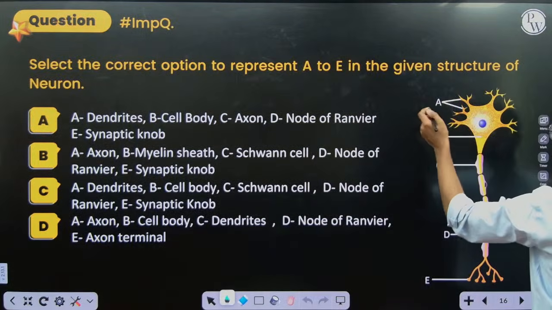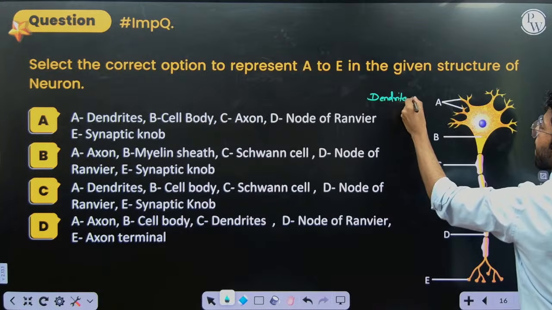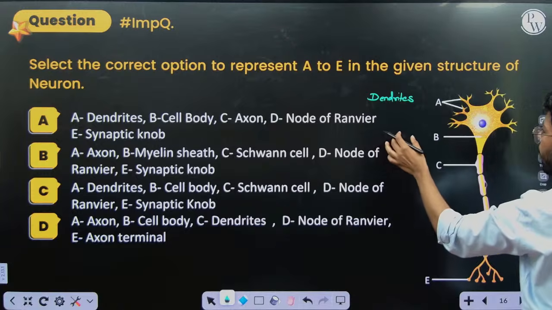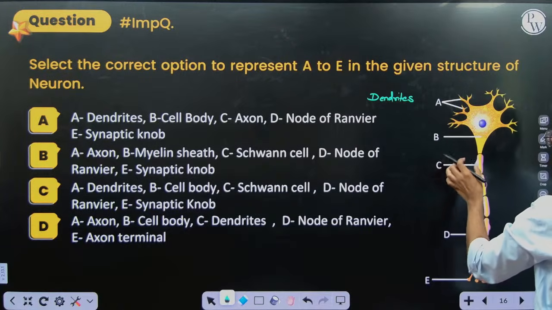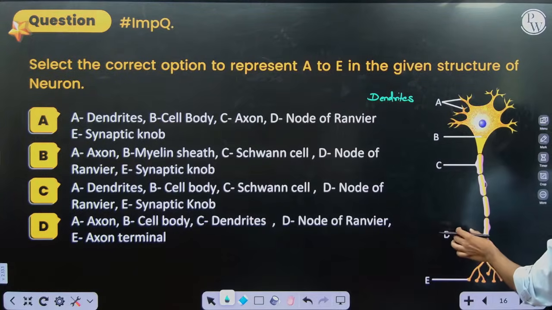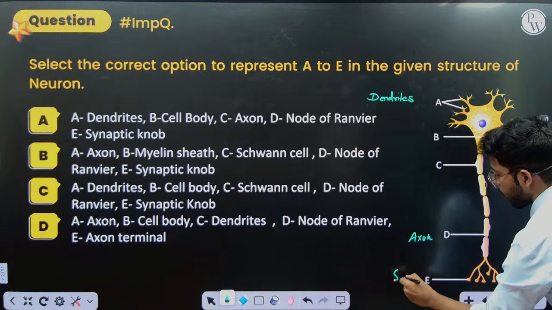So here A are the dendrites, B is the cell body or cyton, C is the myelin sheath, D is the axon, and E is the synaptic knob.